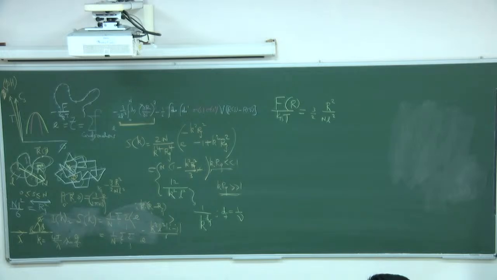Therefore, this is also diverging with n. How does it diverge? It diverges with n to the power nu. That is the reason. But if you take earlier textbooks in polymers, they do not use nu. They will put some other symbol, alpha or something like this. But anyway, it is only a symbol.